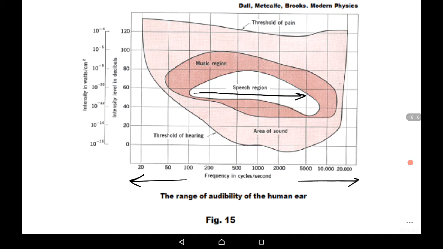The speech region is about 100 hertz and up to 7,000-8,000 hertz. Female voices and male voices are lower frequency. And we have also the threshold of pain, that is about 120 decibels. The sensitivity of the ear to different frequencies may be estimated during audiometry, a special examination of the hearing analyzer, acoustic analyzer.